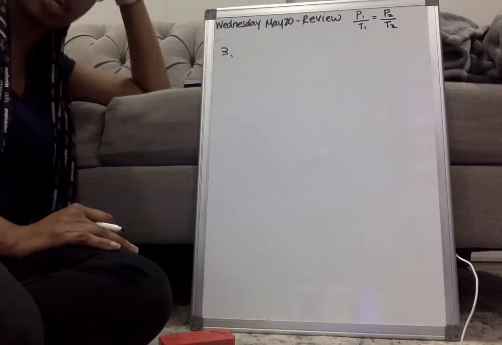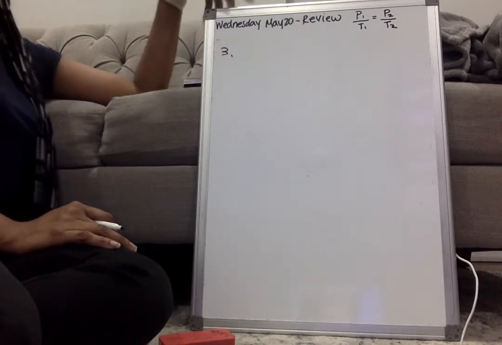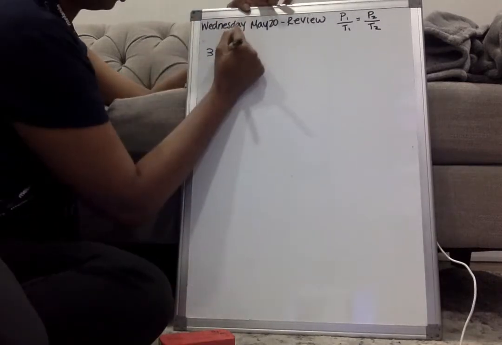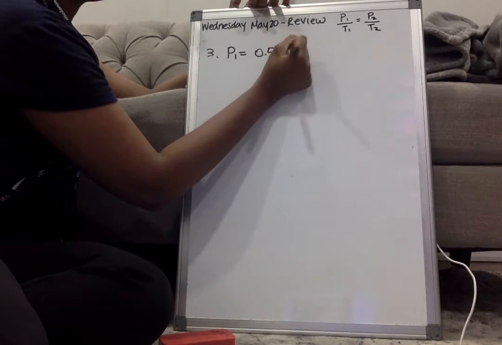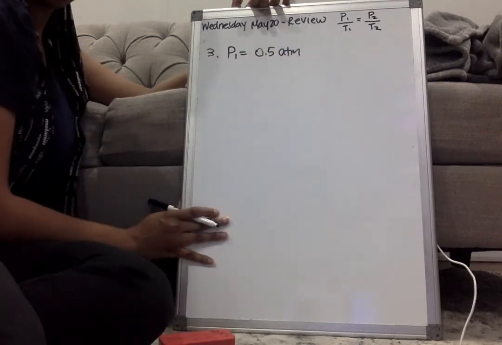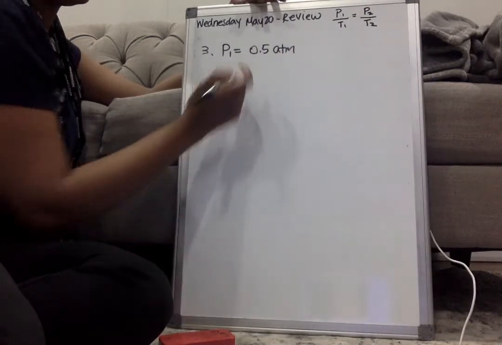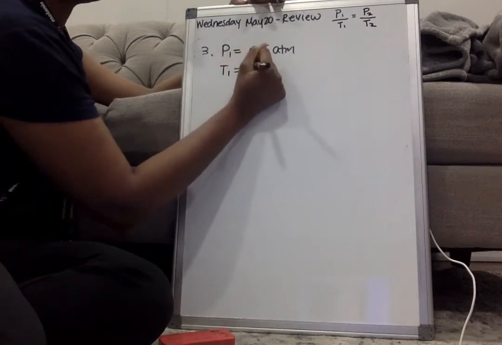A container of gas is initially at 0.5 atmospheres. So the pressure initially, P1, is 0.5 atmospheres at 25 degrees Celsius.